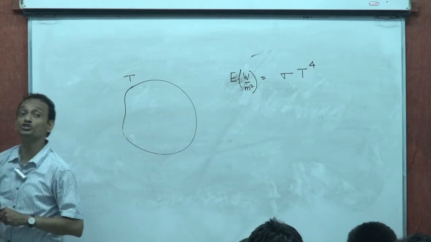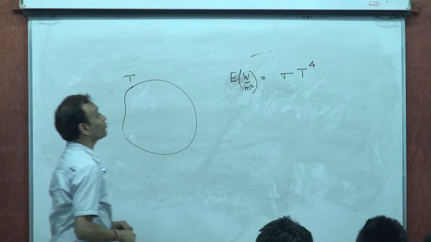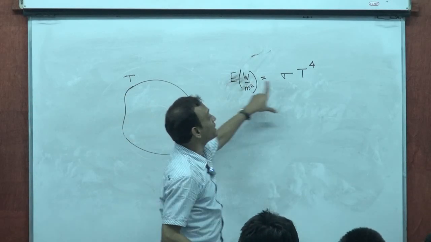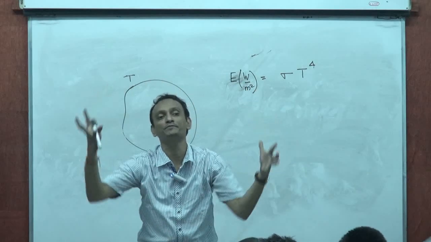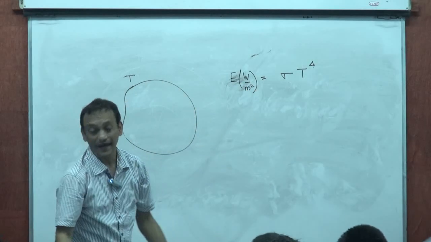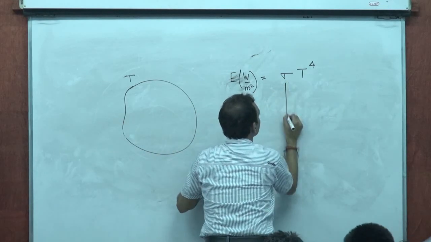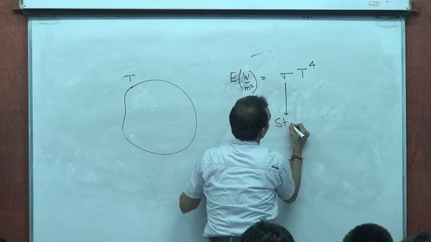This is the radiation model for an ideal surface, where the watts per meter squared is proportional to the fourth power of the absolute temperature, and this sigma is a constant called the Stefan-Boltzmann constant.